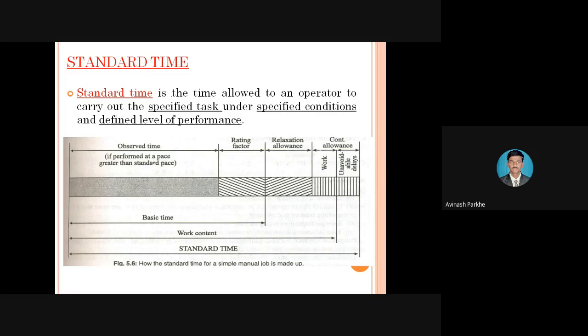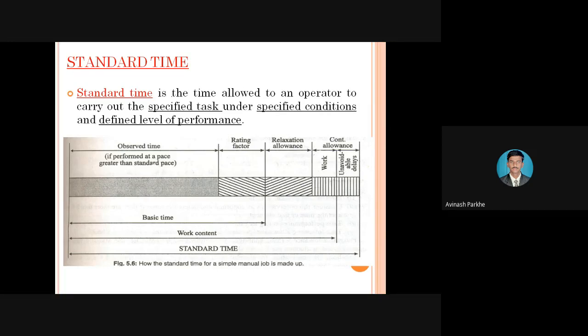Within 45 minutes, I can complete the job, but the extra 15 minutes are given in the form of allowance. In those 15 minutes, I can go for drinking water, changing the tool, changing the coolant, changing the oil, replacing the tool, or washing the hands. All such activities I can perform in the 15 minutes.